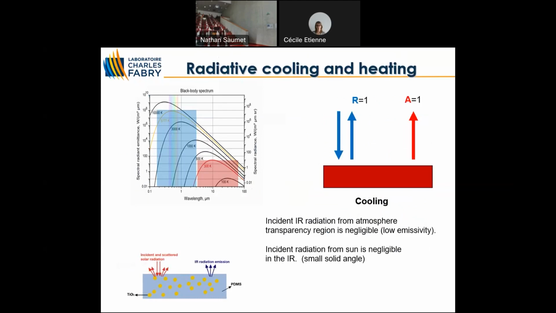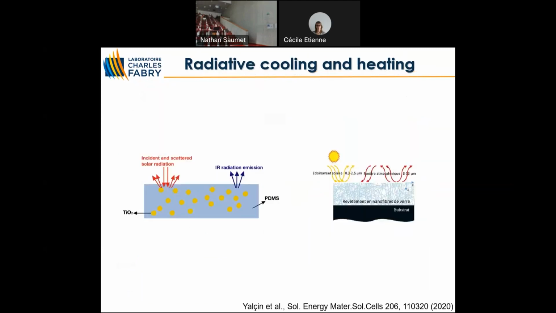So now the next question, of course, the key issue, is how you manage to have actually a device that works and has these properties. So there are two possibilities that have been explored. One is to have PDMS, which is an organic material, a resist that emits in the infrared.